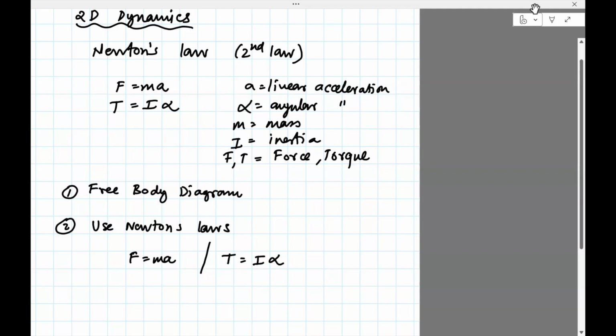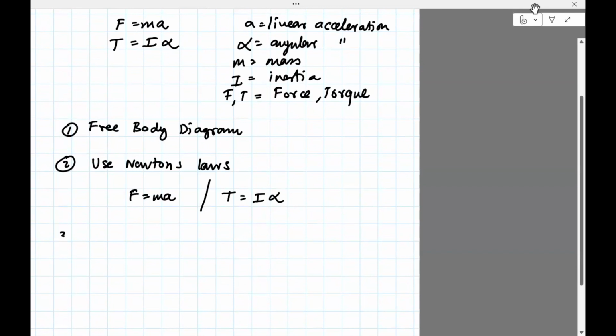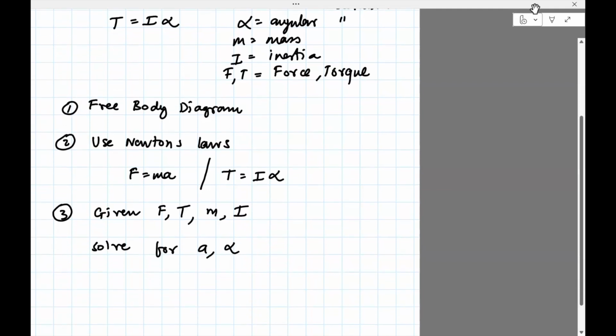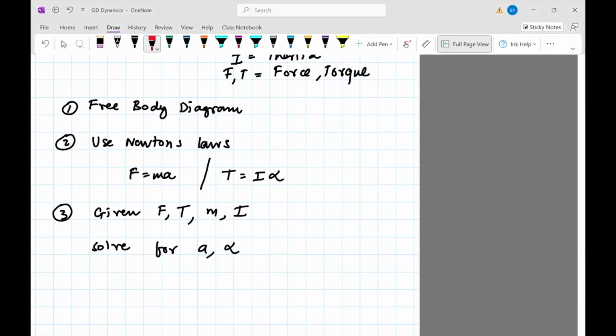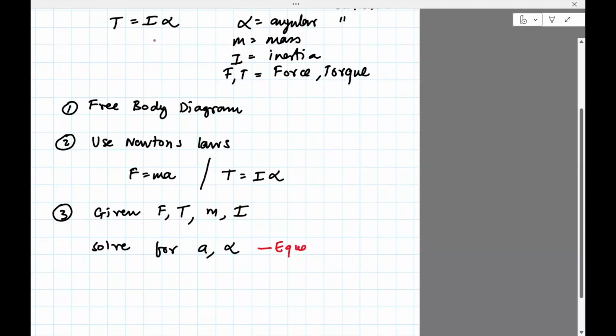Sometimes you have to use both. The third step is, usually you're given F, T, M, which is a property of the body, and I is also a property. Then you can solve for a and alpha. So this is what we are after, which is the equations of motion.